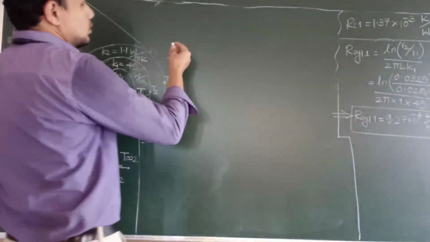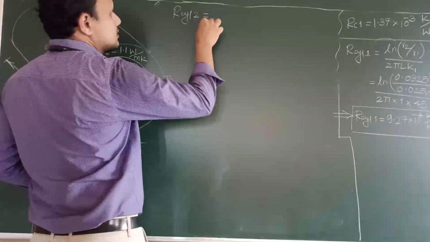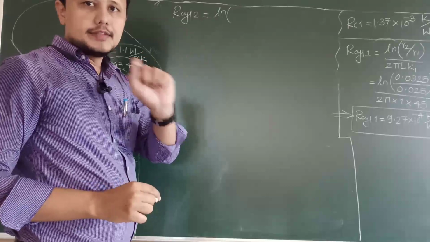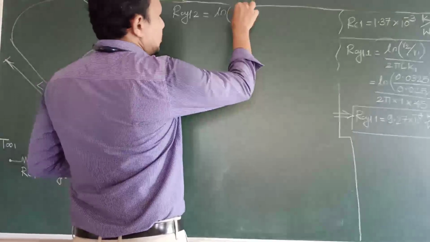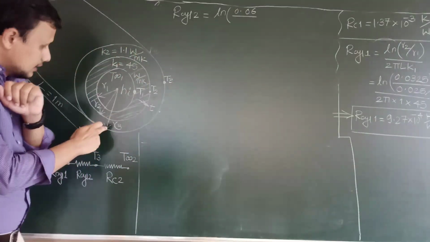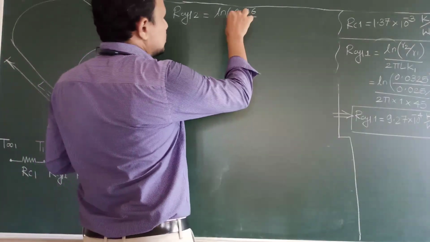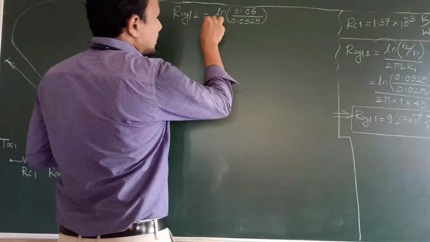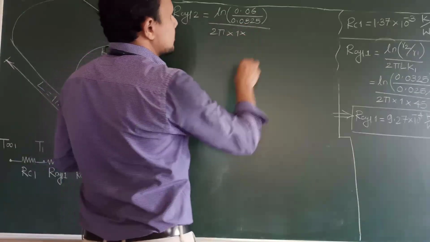In this case, the thermal resistance of the second cylinder will be ln of external radius divided by internal radius. The external radius is R3, which is 0.06 meter, divided by the internal radius. Actually for this cylinder, the internal radius is R2, which is known to us, 0.0325, divided by 2 pi L, and L will be the same.